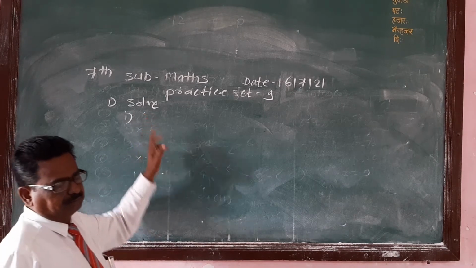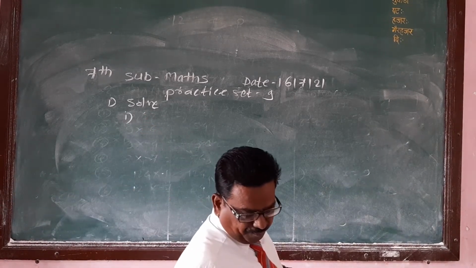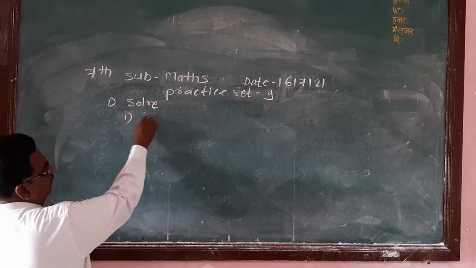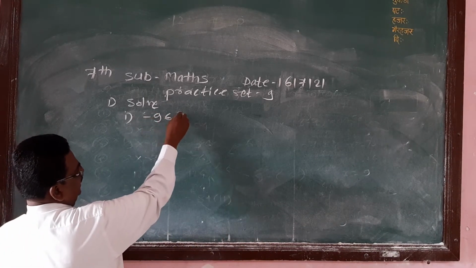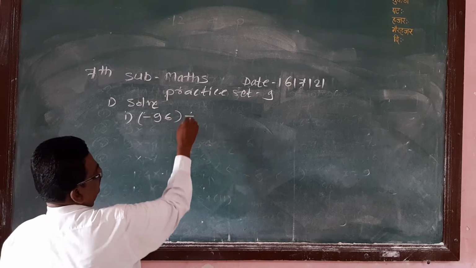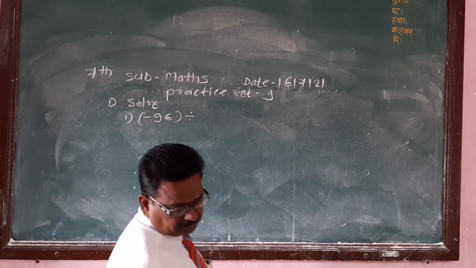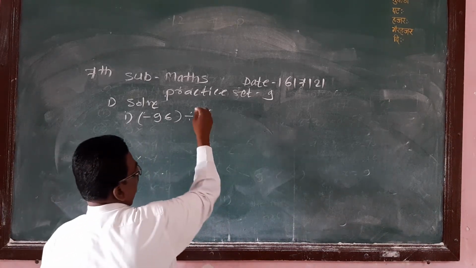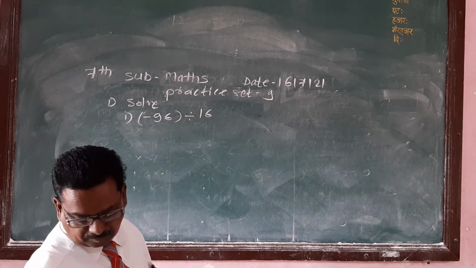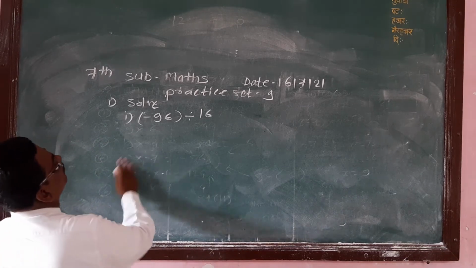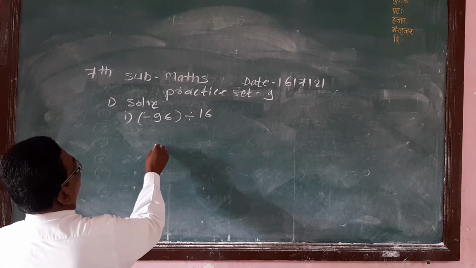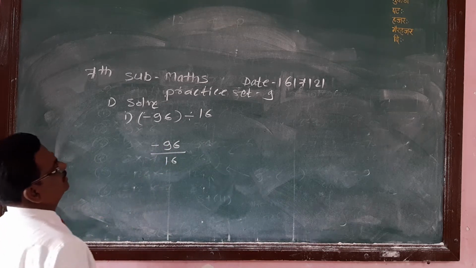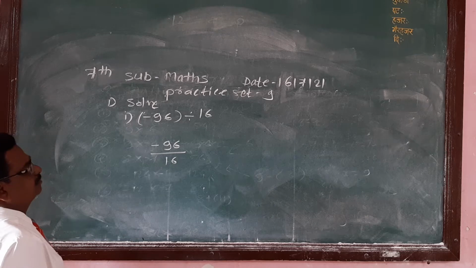Solve -96 divided by 60. Here, -96 divided by 60.